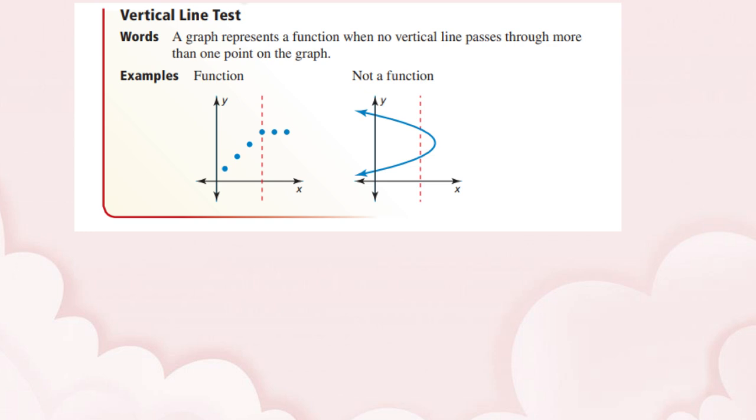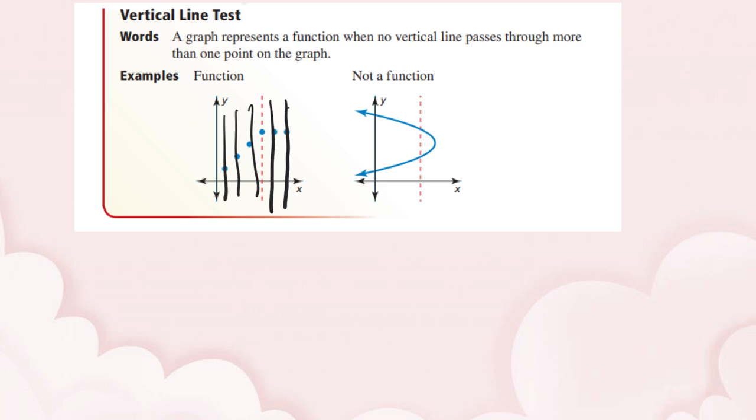So if we notice here, the first one is a function. Why? Because even if I do a small, thinner line here, am I touching any other points? If I do the one here, no, and here, no, right?